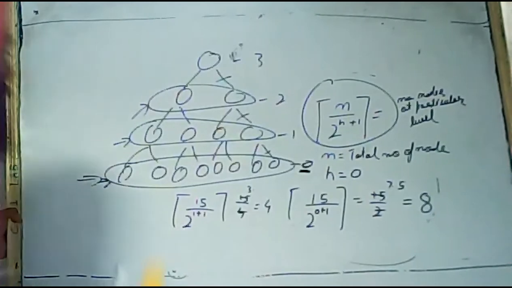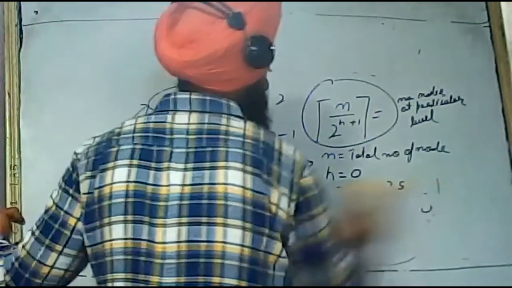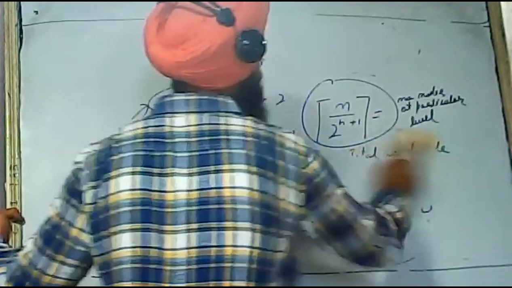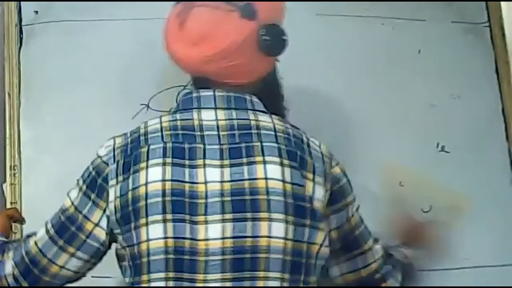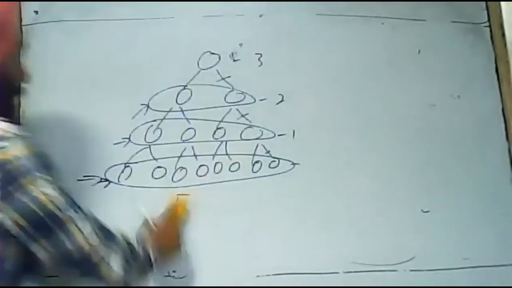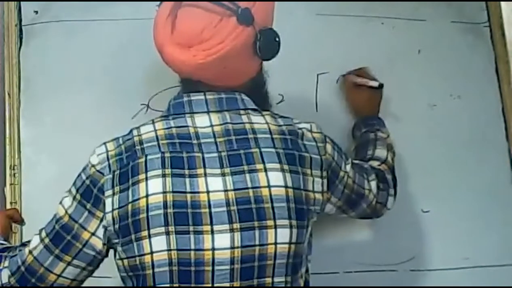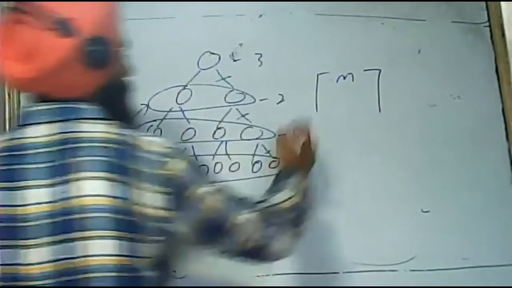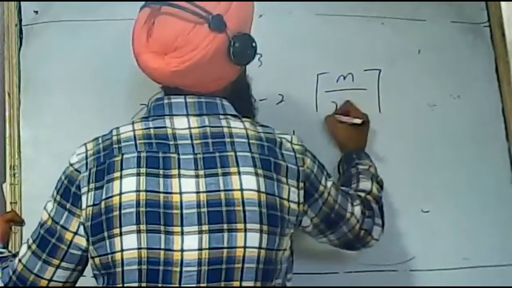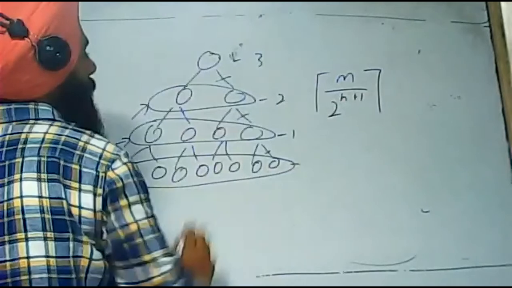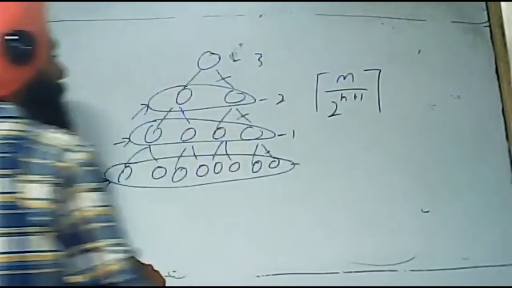So the number of nodes at a particular level is this many. N is the total number of nodes, and the formula for nodes at a particular level is n divided by 2 raised to power h plus 1, where h is the height of that particular node.